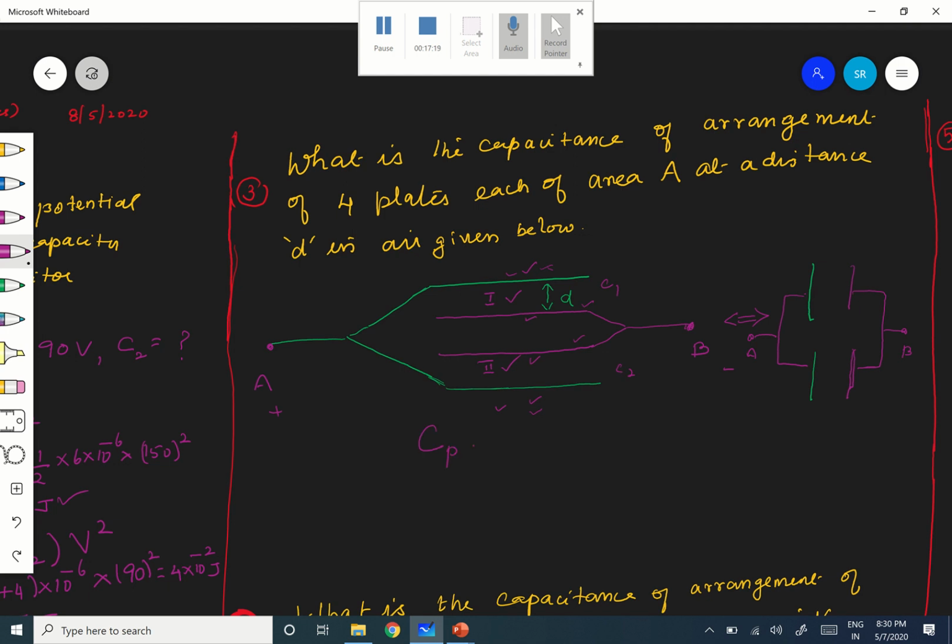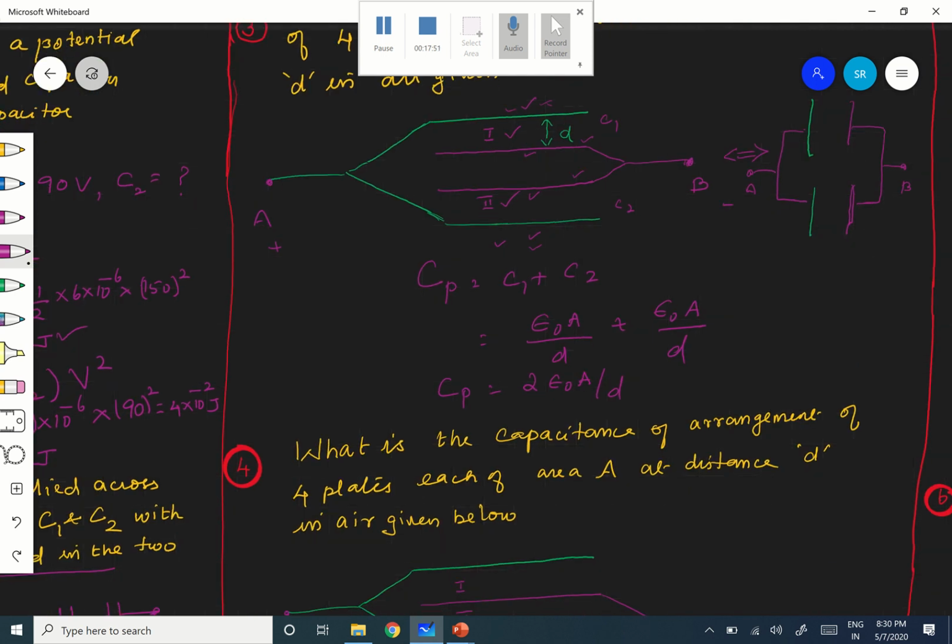Therefore, Cp equals C1 plus C2, which is epsilon naught A by D plus epsilon naught A by D. Therefore, Cp equals 2 epsilon naught A divided by D. That's it. You have to understand that this is nothing but a parallel connection.